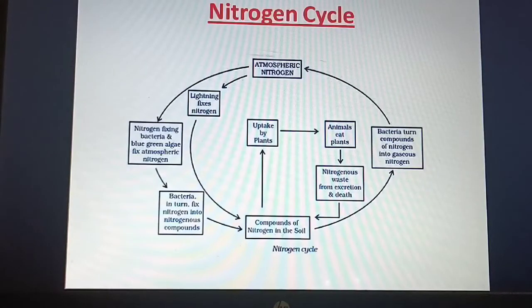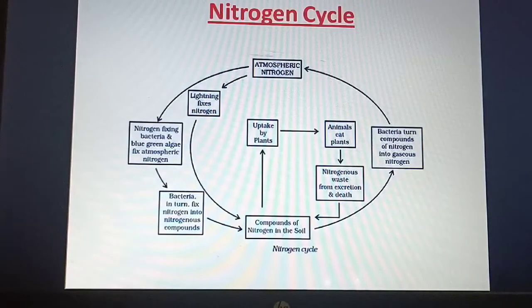So remember, animals eat plants, and when plants and animals die, the bacteria and fungi in the soil convert the nitrogenous waste into nitrogenous compounds, so that plants may use them. Other bacteria convert some part of them to nitrogen gas, which goes back to the atmosphere.